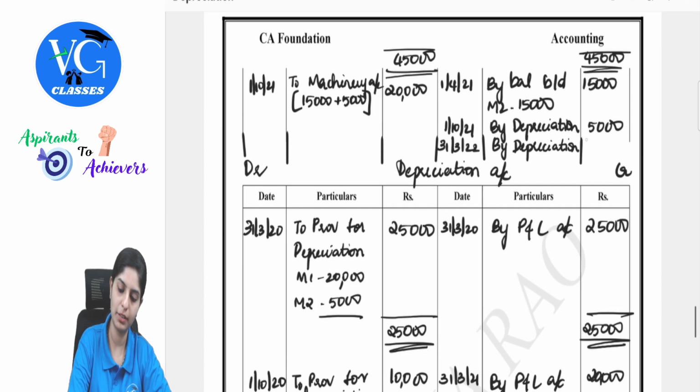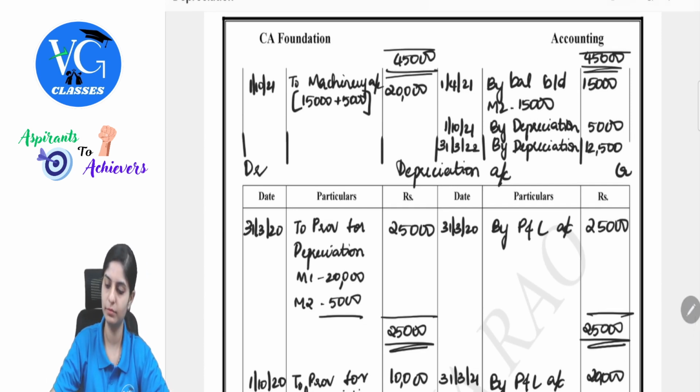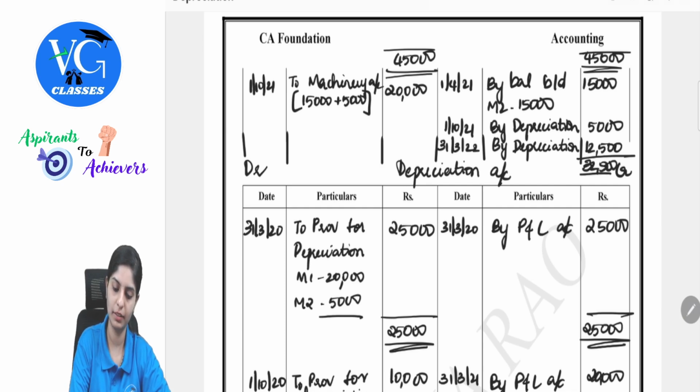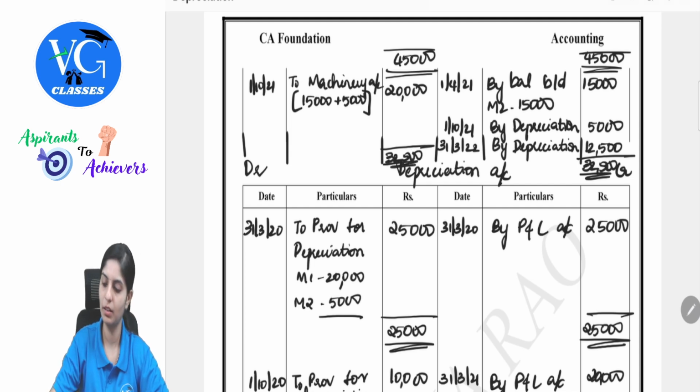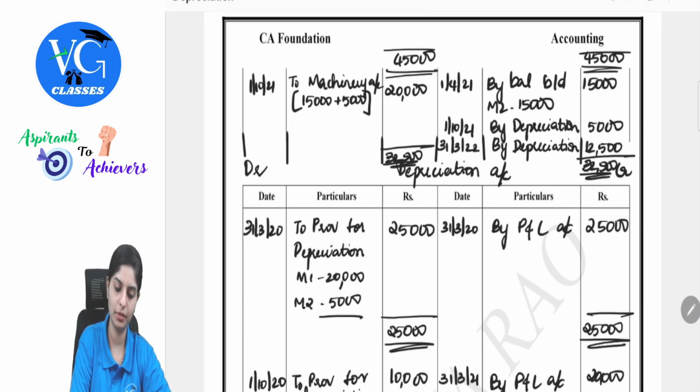So that will be 12,500. This is 32,500 minus 20, to balance carried down 31st March 22.